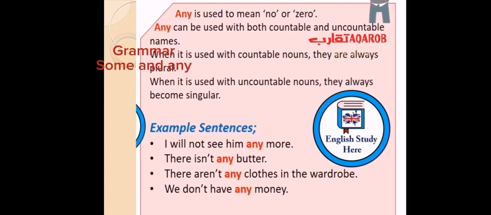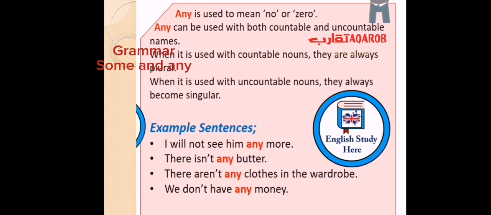Now what about any? Any is used to mean no or zero. And any can be used with both countable and uncountable nouns. When it's used with countable nouns, the countable nouns are always plural.